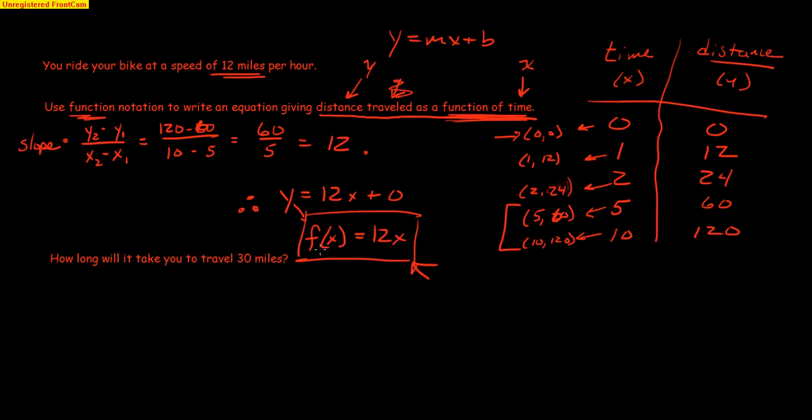I plug it in for y, which we've said before, f of x is another way of saying y. So I'm going to put in a 30 for the f of x, and all I have to do now is solve for x. If I do that math, it comes out to 2.5.